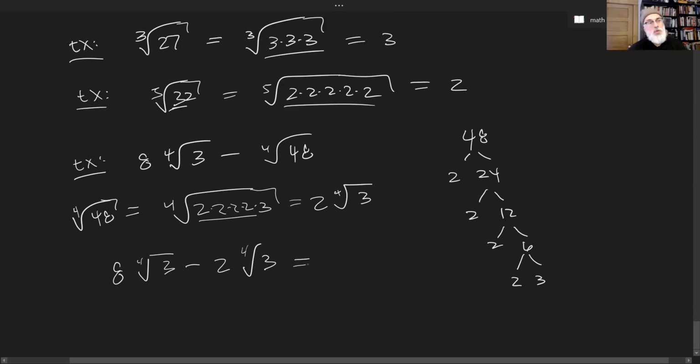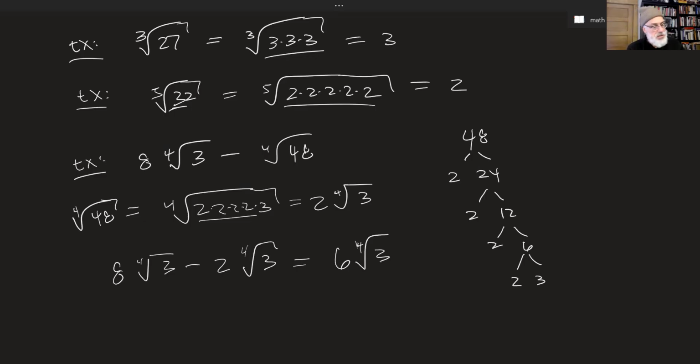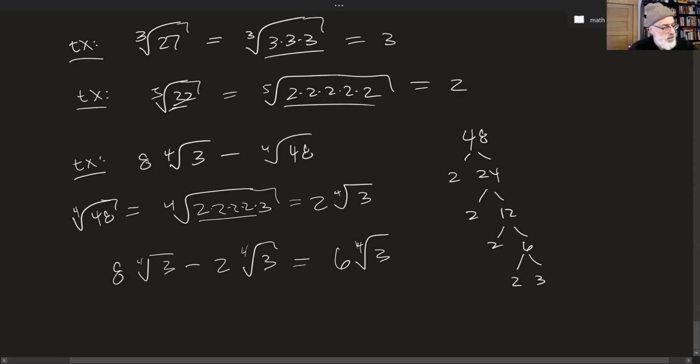Same roots, same radicand. I subtract the coefficients. 8 minus 2 is 6, the fourth root of 3. I would recommend writing your roots, if you're doing this by hand, as small as you can so you don't confuse yourself, that I'm not multiplying 6 and 4 at the end here.